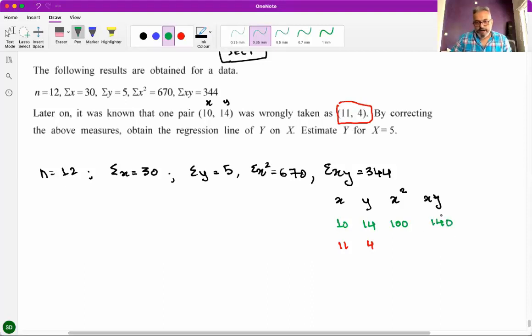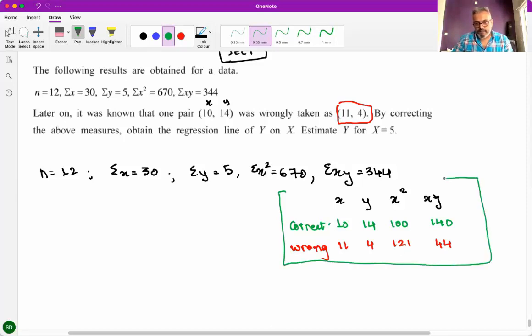So this is the correct one. Wrongly was taken as 11 squared, so 121, and xy 11 into 4, which is equal to 44. So we have to remove the wrong, and we have to add the correct. You may please make this table and write this.